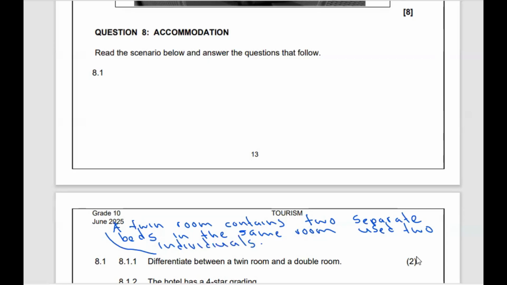So a twin room contains two separate beds in the same room used by two different individuals.